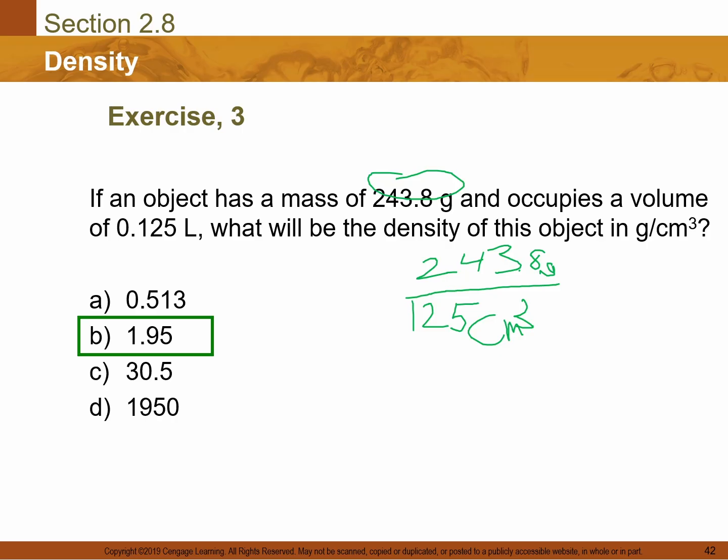Let's make sure the book agrees. And you'll notice they're asking us in the unit, so we don't have to have a unit down here. Make sure you know how to do that part for a lab or a test so you don't lose points for putting in something that was already understood.